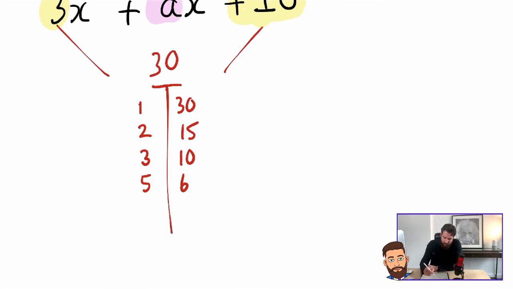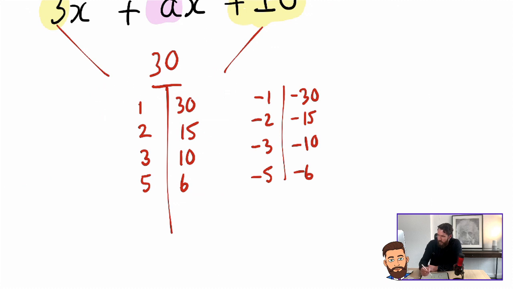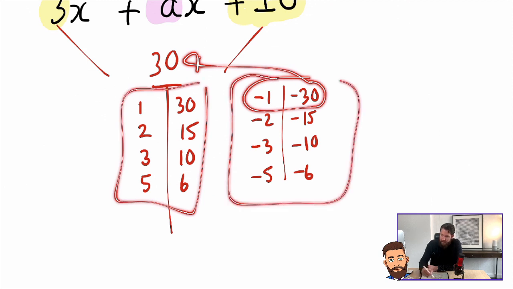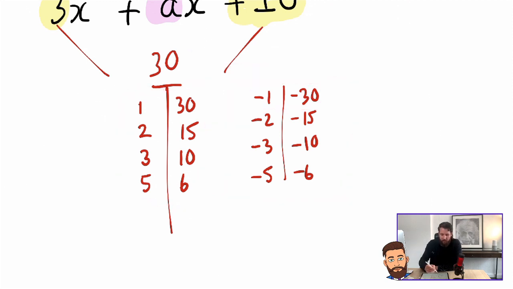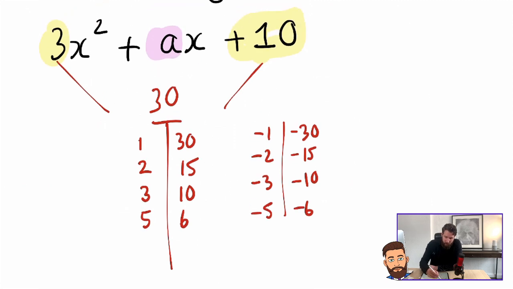So we could also have the negative versions, negative 1 and negative 30, negative 2 and negative 15, negative 3 and negative 10, negative 5 and negative 6. These will multiply together to make 30, but all of these things add together to make different b values, or in this case a. So all of these options work and could be a possible value for this a.